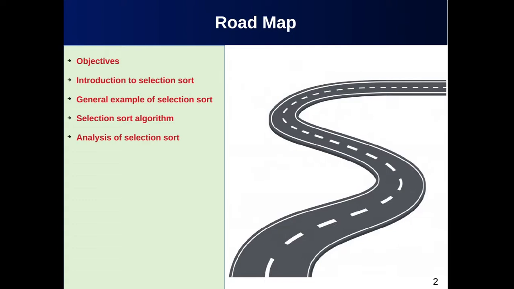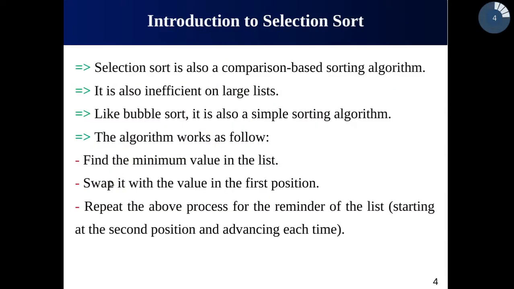More specifically, we will be concentrating on the worst case analysis of the selection sort algorithm. So we will start with the introduction, some general examples, and then the algorithm and analysis of the selection sort algorithm. So let us see the introduction of this algorithm.